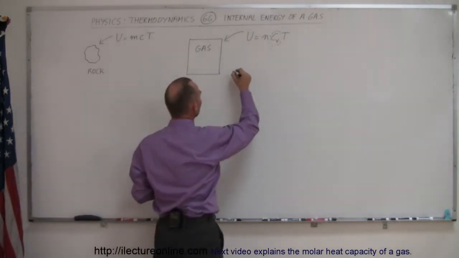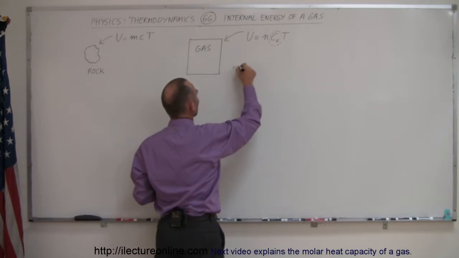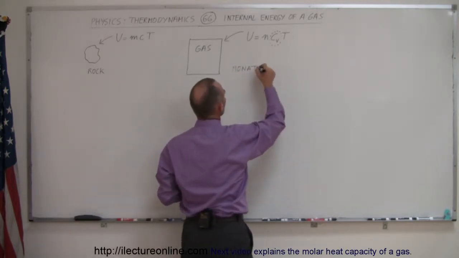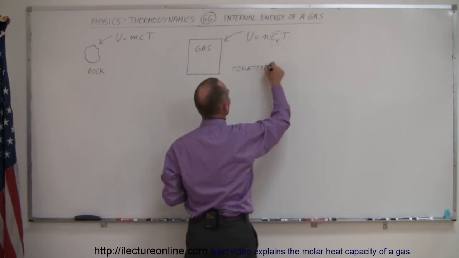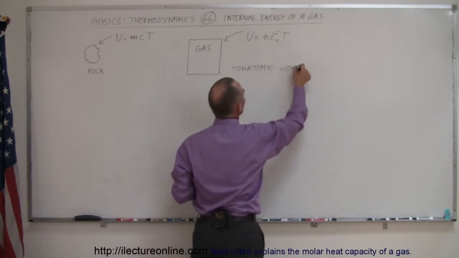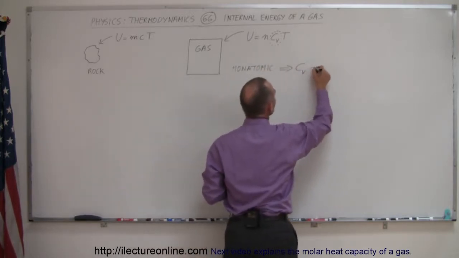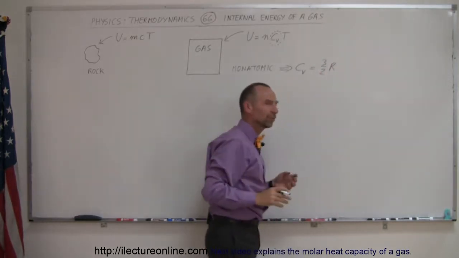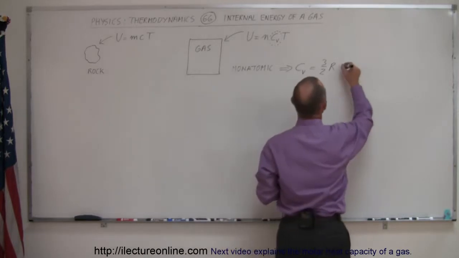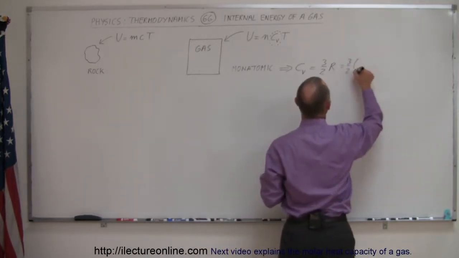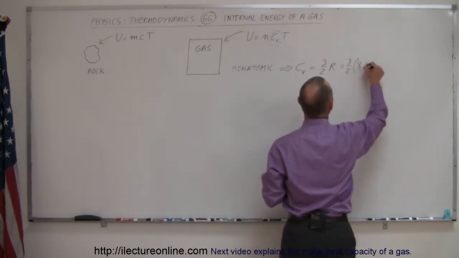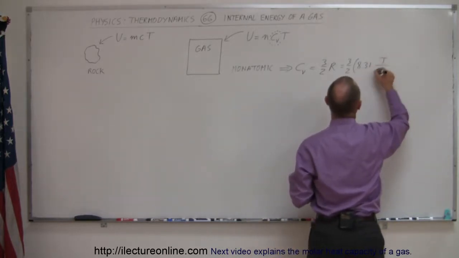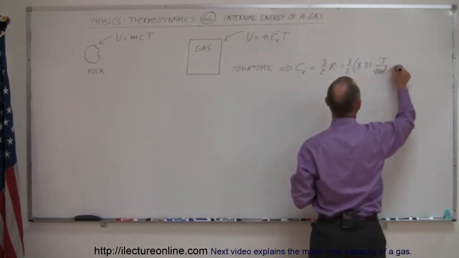For example, if you have a monatomic molecule, monatomic meaning a single atom in its molecule, then C sub V is approximately equal to 3/2 R. And if you remember what R was equal to, this is equal to 3/2 times 8.31 joules per mole times Kelvin.